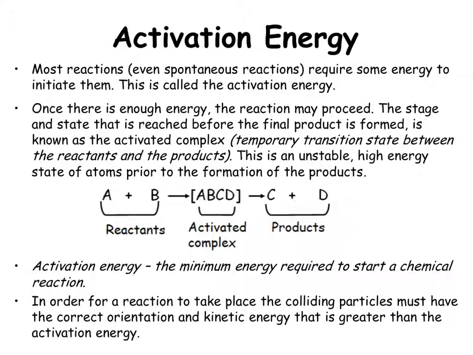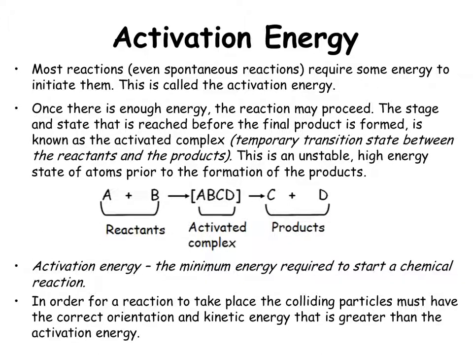So as an example, I've got reactants A and B. As they get together, the activated complex, or a transition state, is some sort of combination of the reactants A and B, and the products C and D are somehow bound together before they become the product.